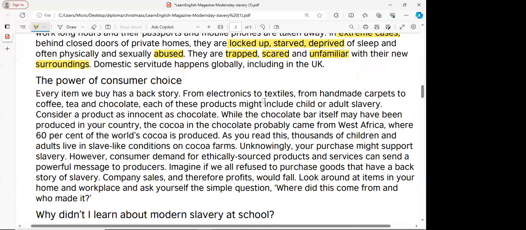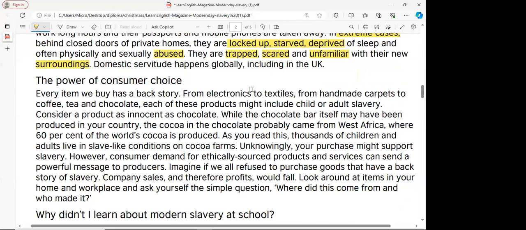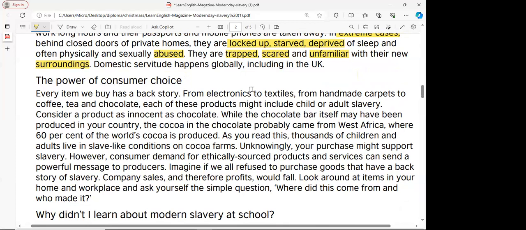Okay. Can you read the power of consumer choice? Every item we buy has a backstory, from electronics to textiles, from handmade carpets to coffee, tea, and chocolate.